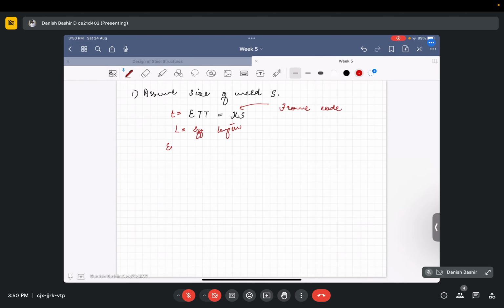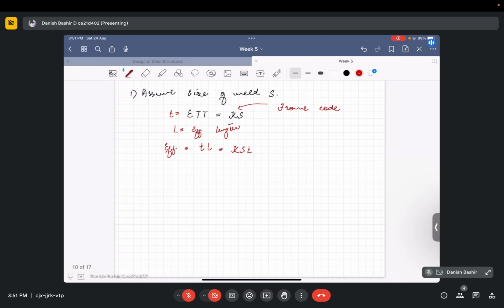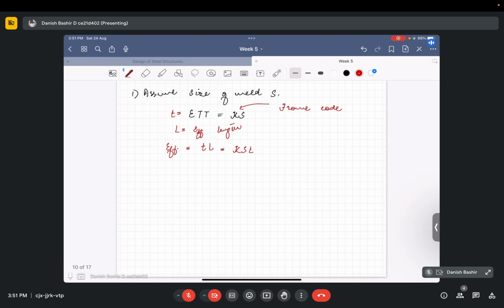So effective area becomes t times L. I already told you it is the product of the effective throat thickness and effective length, and t is equal to K times S. So effective area becomes K times S times L. The load that it will transmit is equal to the allowable stress times the effective area, so that is K times S times L times allowable shear stress.